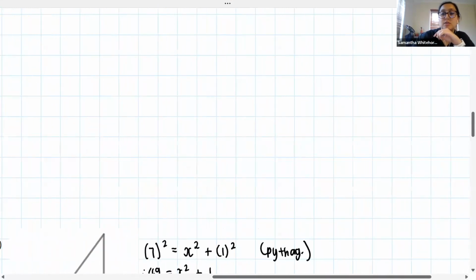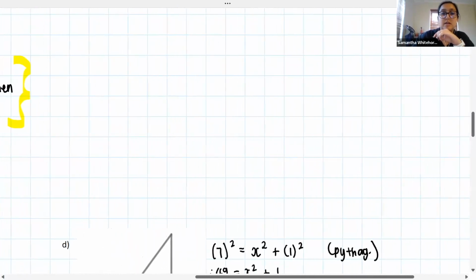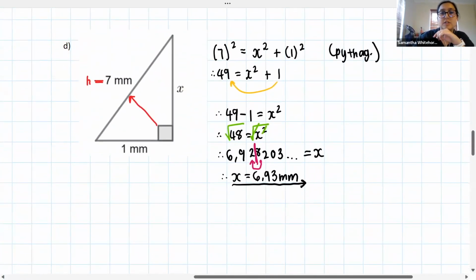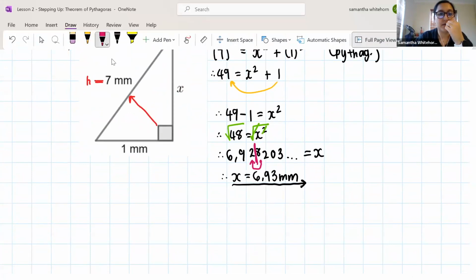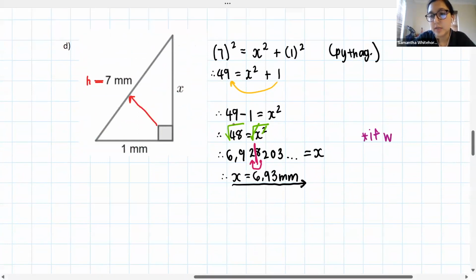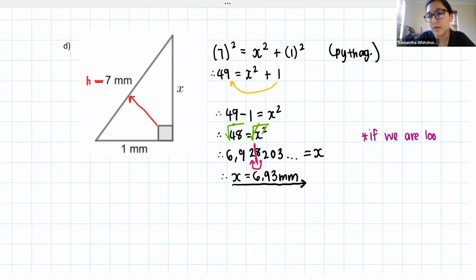And what I'll actually do is write exactly that here at question D, just so that we have a little reminder for ourselves. If we are looking for the hypotenuse, we add.